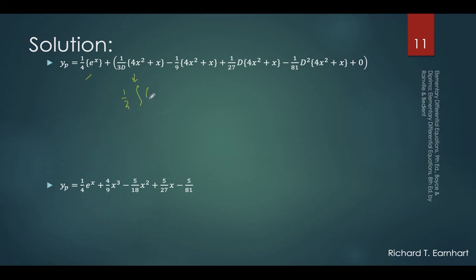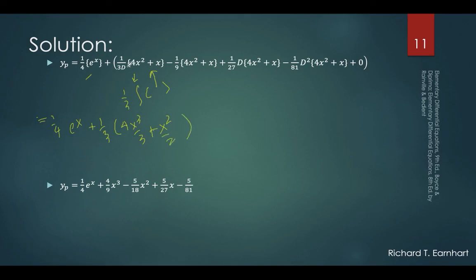So we have 1/4 e to the x, plus 1/3 integral of 4x squared, which is x cubed over 3, and then this one is x squared over 2.